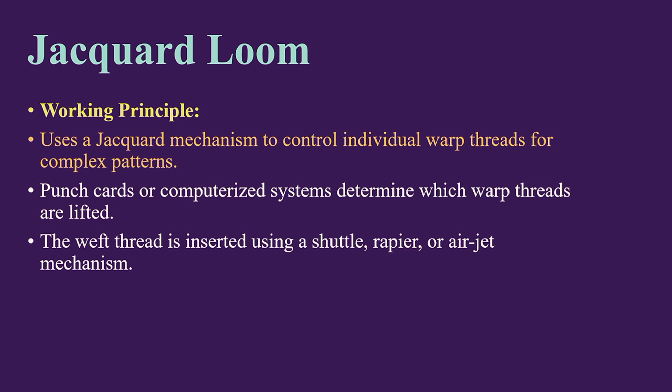When we talk about jacquard looms, these looms use a jacquard mechanism to control individual warp threads for complex patterns. Punch cards or a computerized system determine which warp threads are lifted, according to the program given in the punch card or computerized system.